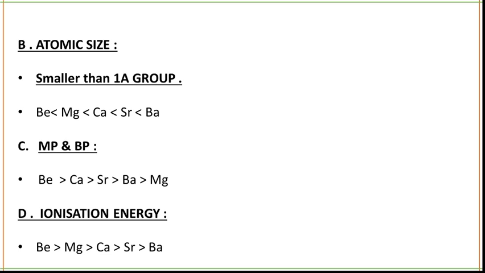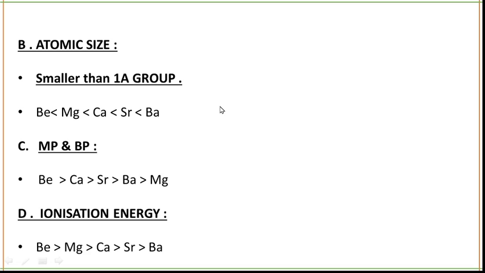Next is the atomic size. The atomic size of group 2 elements increases from top to bottom. As you can see, from beryllium to barium, the atomic size of all the elements increases. But the size of group 2 elements is always smaller than that of group 1 elements.